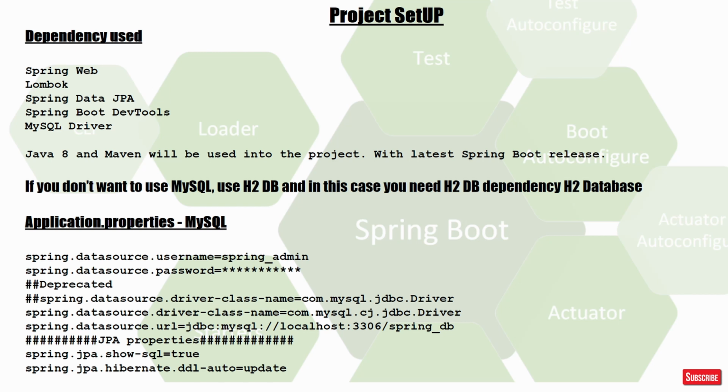What we want is that at the time when we start our container, a schema has to be created, and whenever we restart our container, it should not drop our schema and then create it again. So we are going with update, so that if any update is there, it will just update it and will not drop our schema. That's why we are going with update.